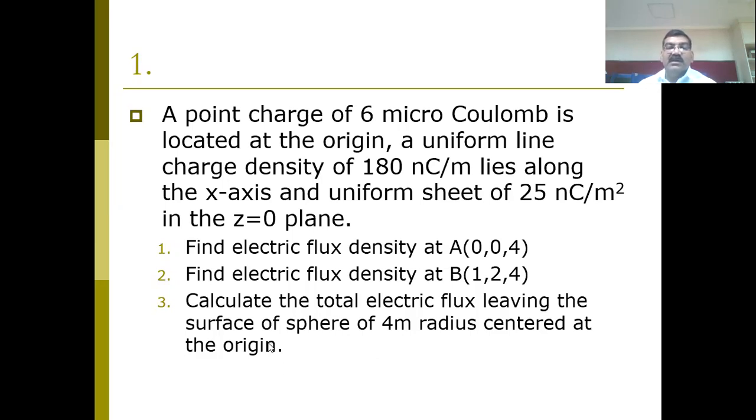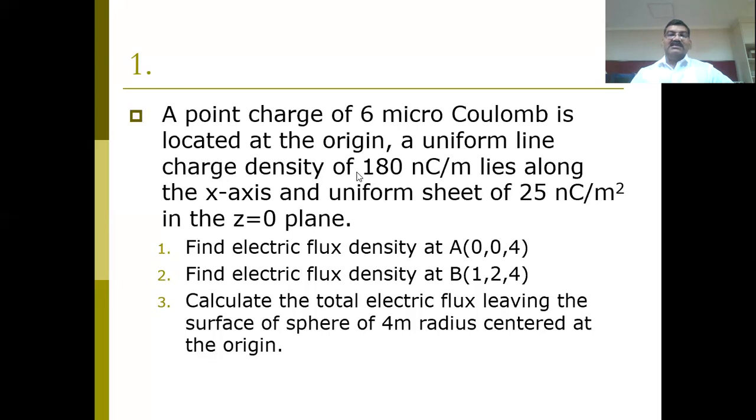Then third, calculate the total electric flux leaving the surface of a sphere of 4 meter radius centered at the origin. Now this is something critical. This point charge is located at the origin, so it will come inside.